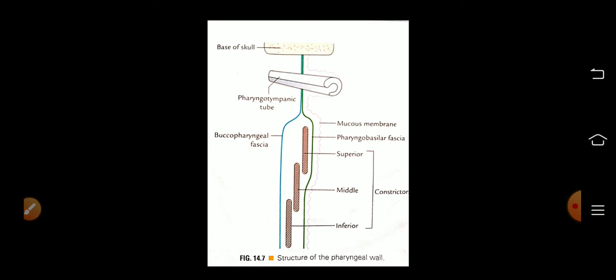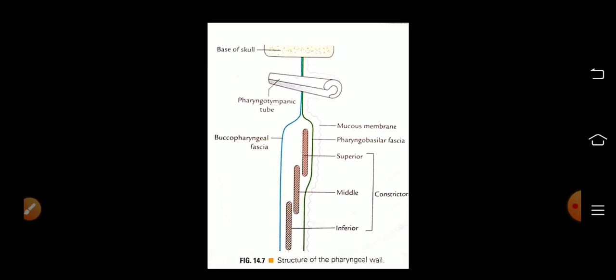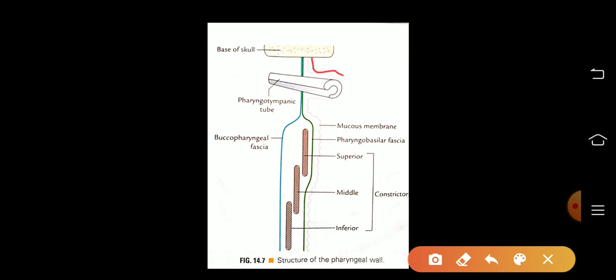Inside the throat, this will be the first layer, the innermost layer. Below that you can see the fascia called pharyngobasilar fascia, and below that you can see the muscles of the pharynx, and the outermost will be the buccopharyngeal fascia. So this is the inner side, this is the outer side.